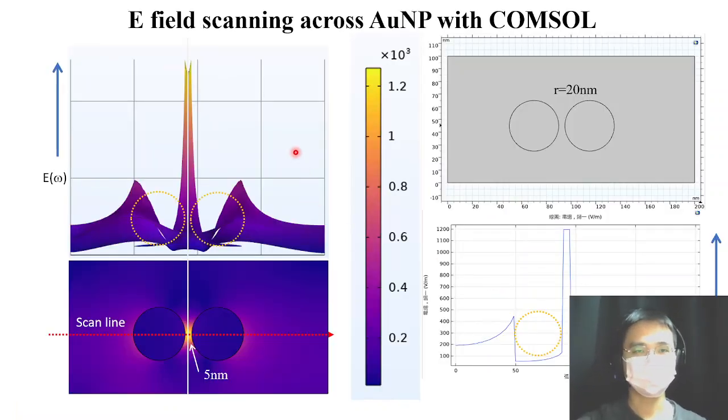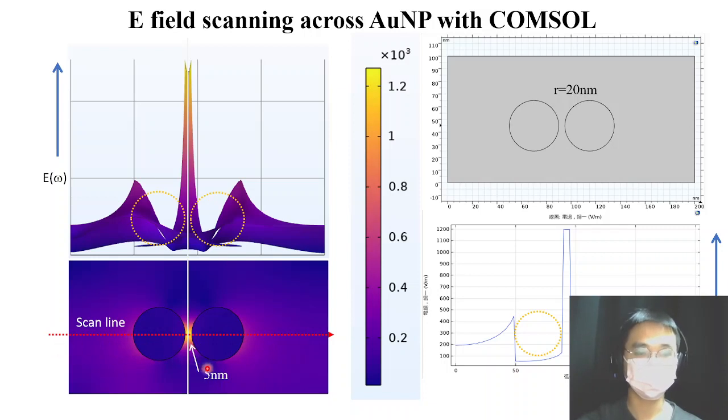And this one is the electric field scanning for myself in COMSOL. First, this is my model. We put two nanoparticles here, the distance is 40 and the radius is 20, and we put them together and see this electric field map, and this is the scanning line.